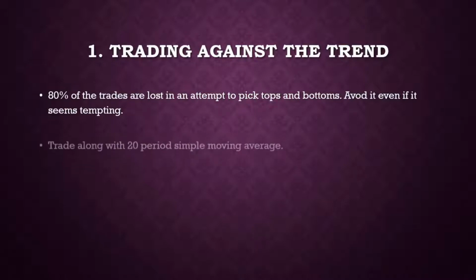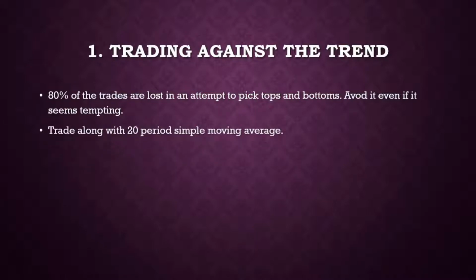So you should always trade along with the 20 period simple moving average. I hope you all have used the 20 period simple moving average at some point in your trading, right? I don't find any other baseline or trend indicator that is more superior than the 20 period simple moving average. It is a very superior tool.